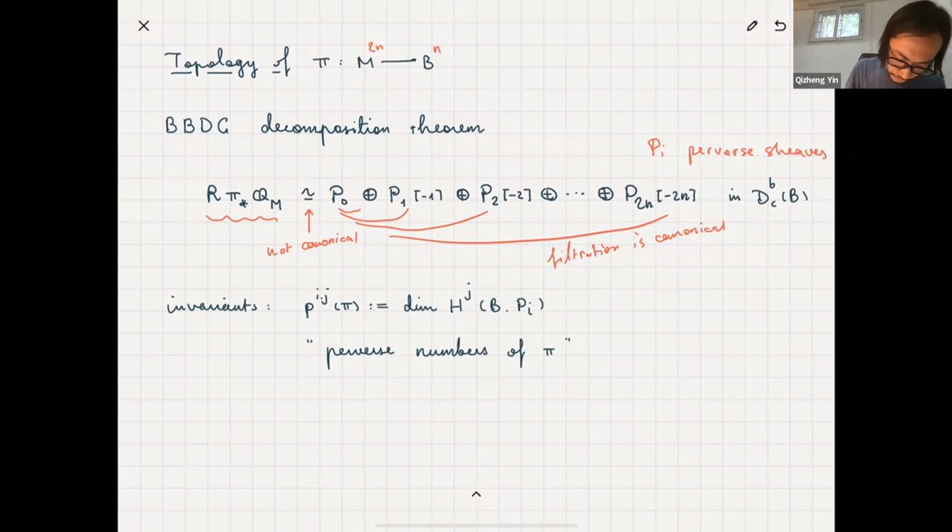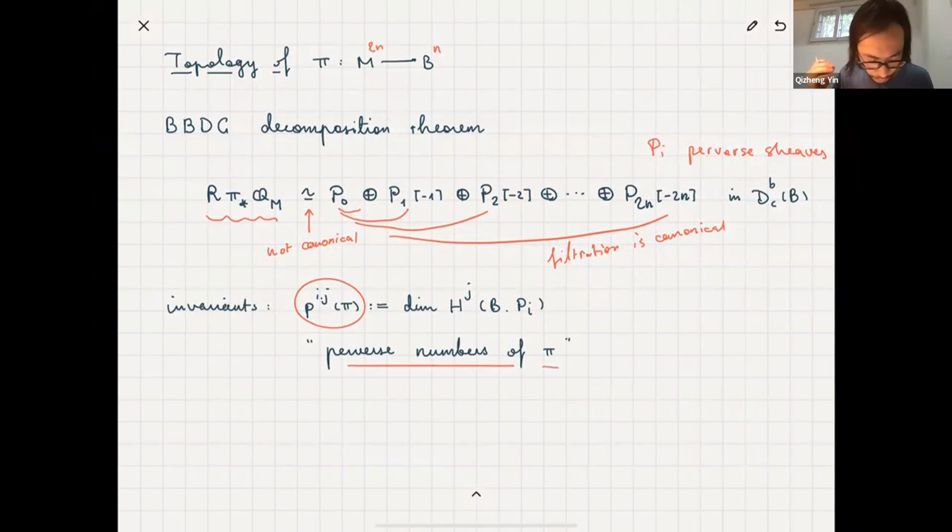I call them P_ij of pi, so this is my invariant. This will be the dimension of H^j, so the j index, and the i index is for the perverse sheaf pi. So this is what I call the perverse numbers of the map pi.